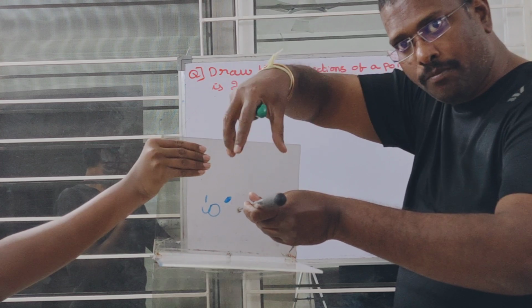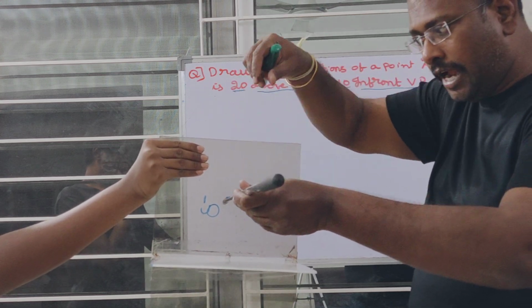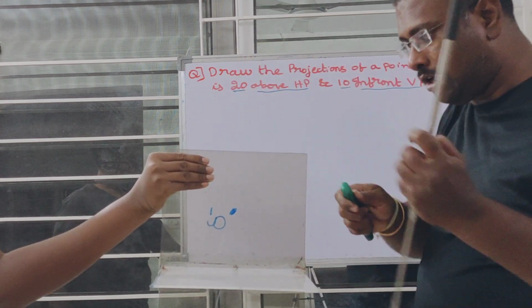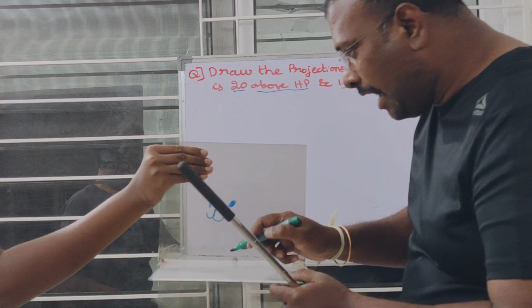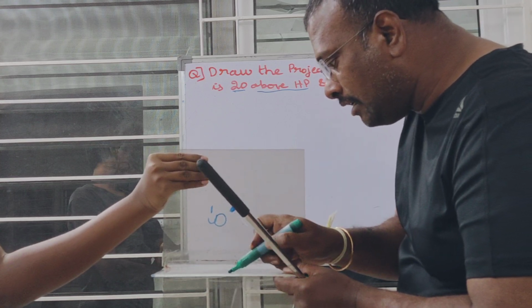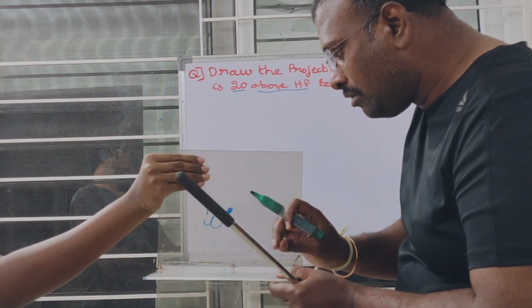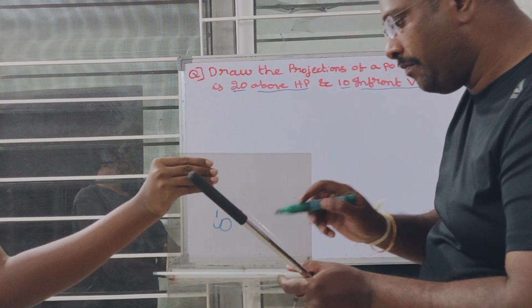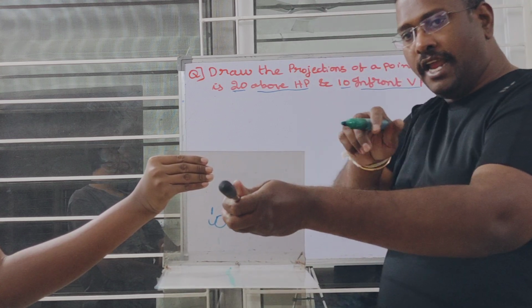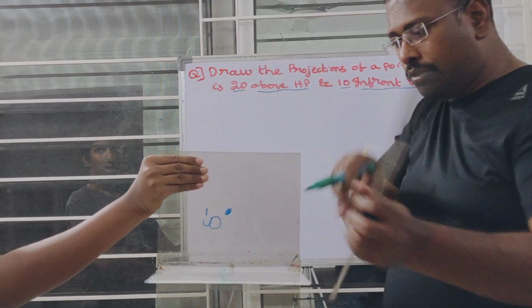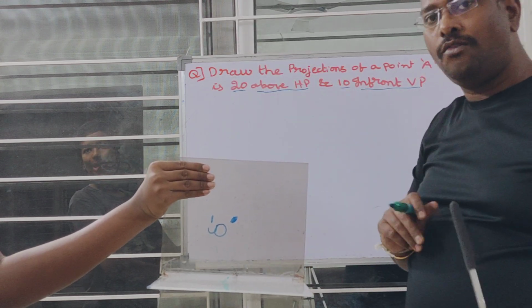If you view from the top, this line will appear like this in the top view. The projector is a line or a ray. That's why this is the projector of the front view.